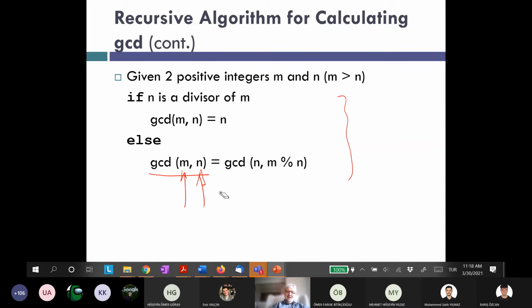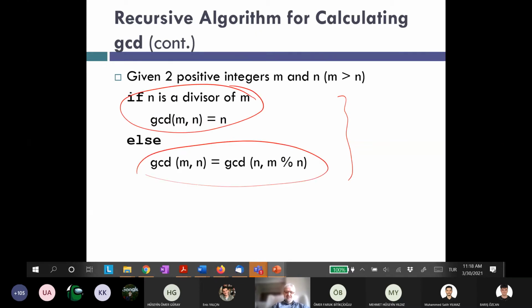And if n is a divisor of m, or you can say n is equal to m as well, the greatest common divisor is n. This is the base case. This is the general case.